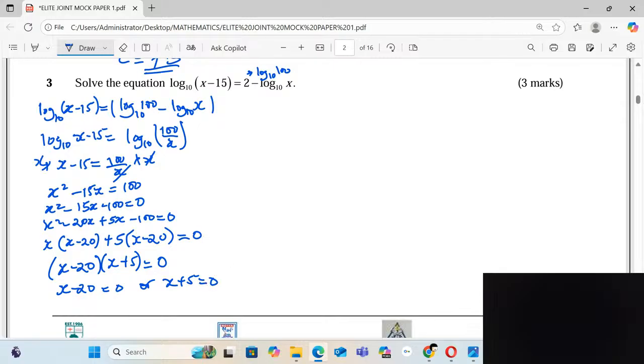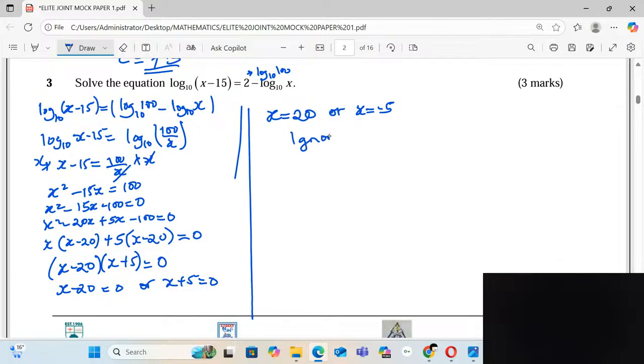Then we finish this one. So we are going to get x to be equal to 20, or x is equal to negative 5. So we are going to ignore negative 5.